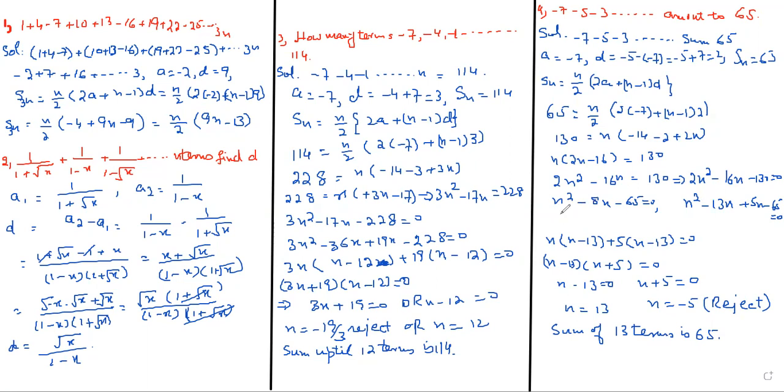Taking 2 common, we have n square minus 8n minus 65, and we split it as minus 13 and plus 5, and we solve this quadratic equation and get 2 answers. One answer is 13 and the other answer is minus 5. We reject the minus 5 answer because it is not possible to get the answer in negative.